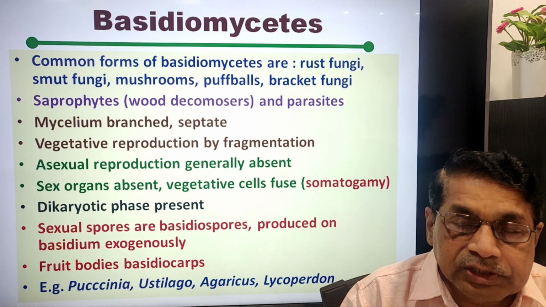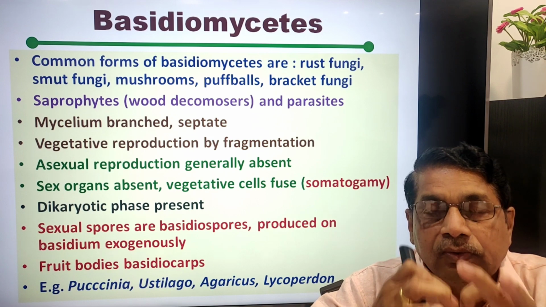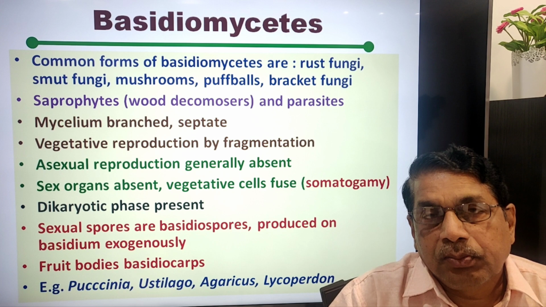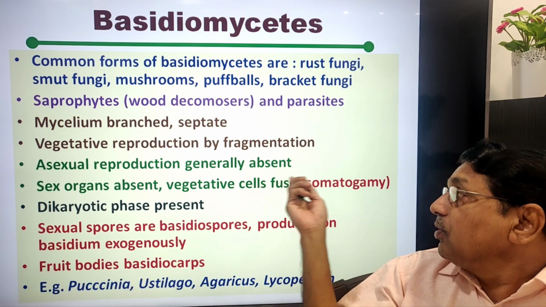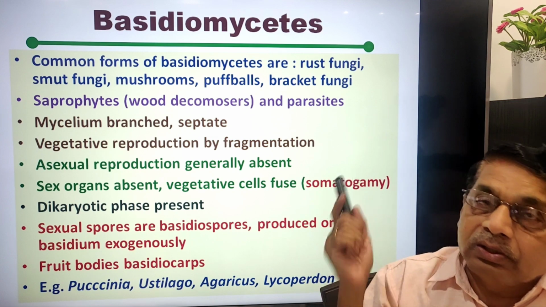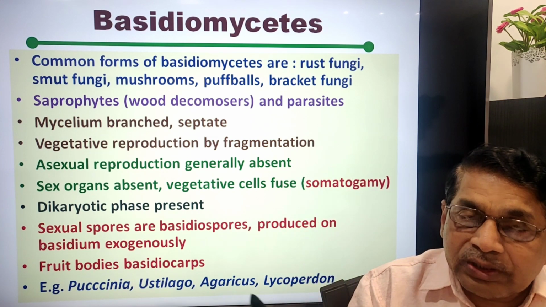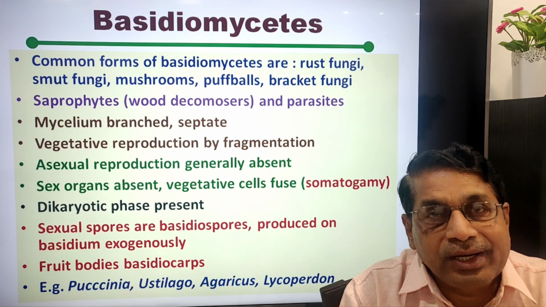No well differentiated sex organs. The vegetative cells function as the sex organs. A copulation takes place between the vegetative cells, which is called somatogamy. Somato here means vegetative cells. Union of vegetative cells is somatogamy.